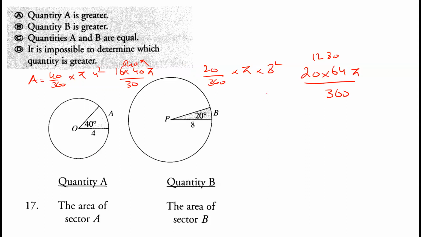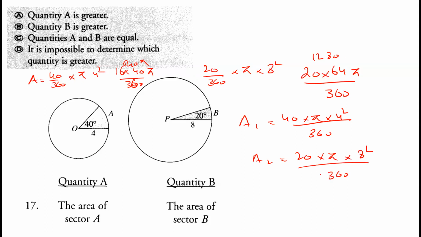So again, we can also see it from here as well. So this is your 360. So both the denominators are 360. So the first area would be 40 into pi into 4 square divided by 360. Area 2 would be 20 into pi into 8 square divided by 360.